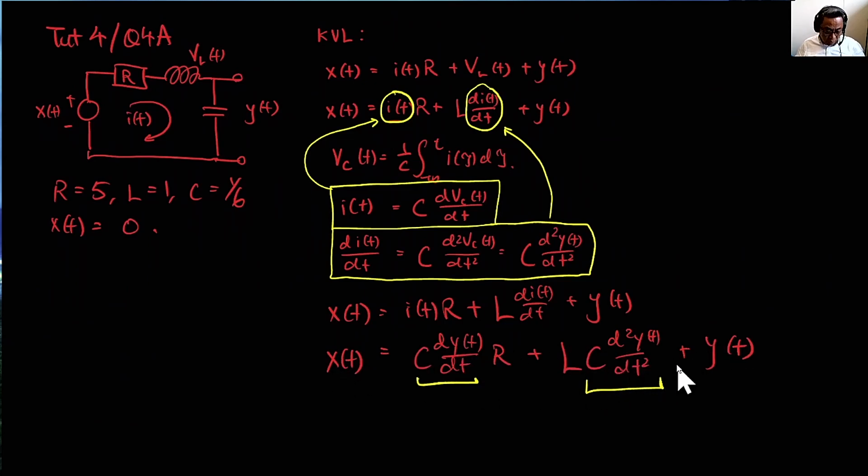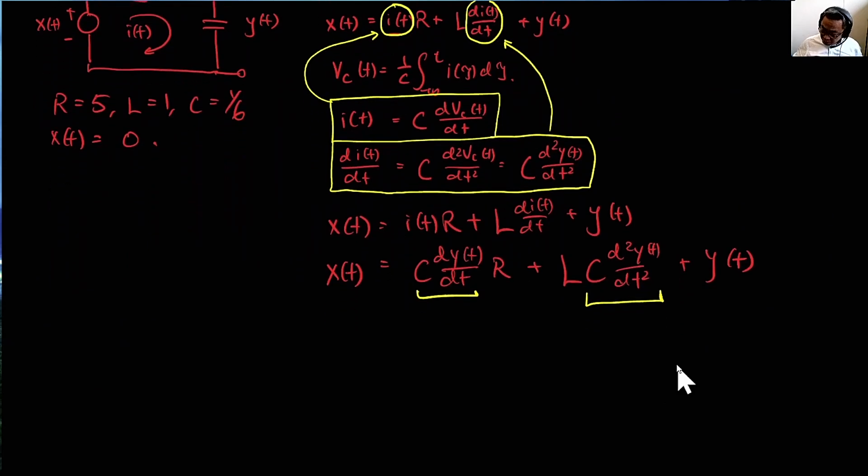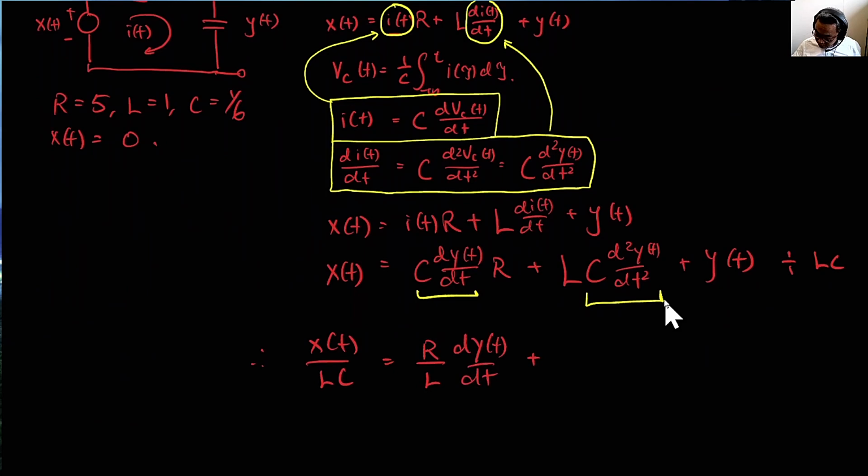So this is the differential equation, but maybe we don't like to have these coefficients LC in front, so we divide both sides by LC, and therefore we have x(t) divided by LC equal to C over LC is 1 over L, which is R over L dy/dt, plus d2y/dt squared plus y(t) over LC. So this is the differential equation that is required for this question.